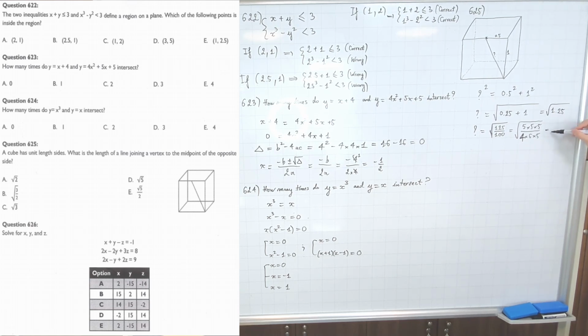It means that the numerator is 5 times 5 squared, and the denominator is 4 times 5 squared, so we eliminate. So you have 5 divided by 4, which is exactly square root of 5 divided by square root of 4, which is square root of 5 divided by 2, isn't it? Answer is E. Check please.